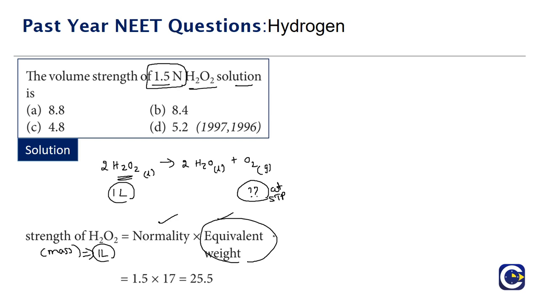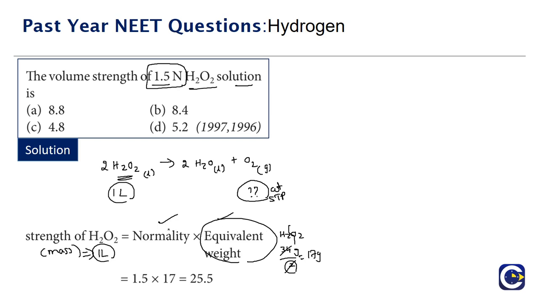The molar mass of H2O2 is 34 grams, divided by 2, since there are 2 hydrogens, 2 into 1 is 2, giving 17 grams. The equivalent weight of hydrogen peroxide is 17 grams.